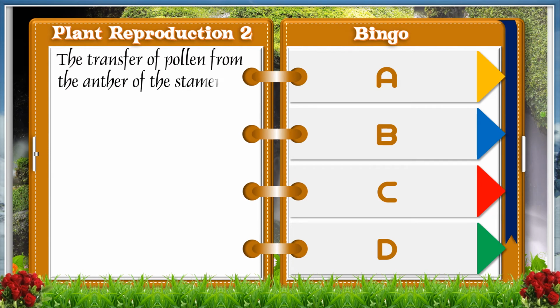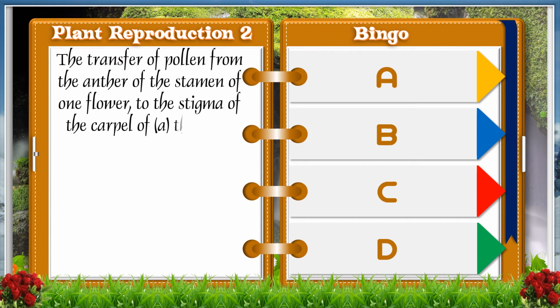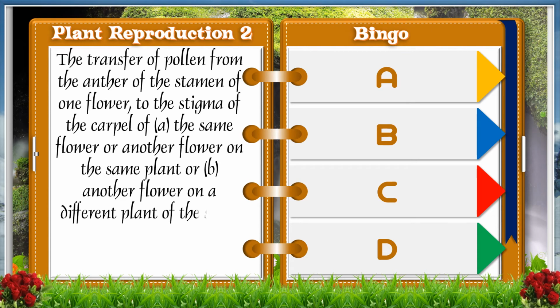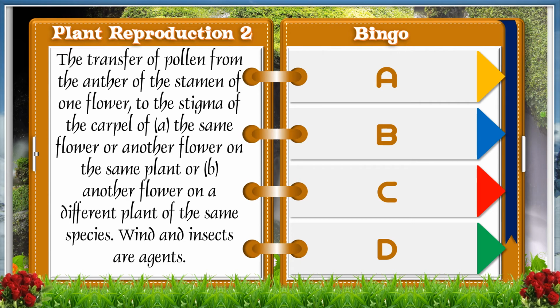The transfer of pollen from the anther of the stamen of one flower to the stigma of the carpel of the same flower or another flower on the same plant or another flower on a different plant of the same species.